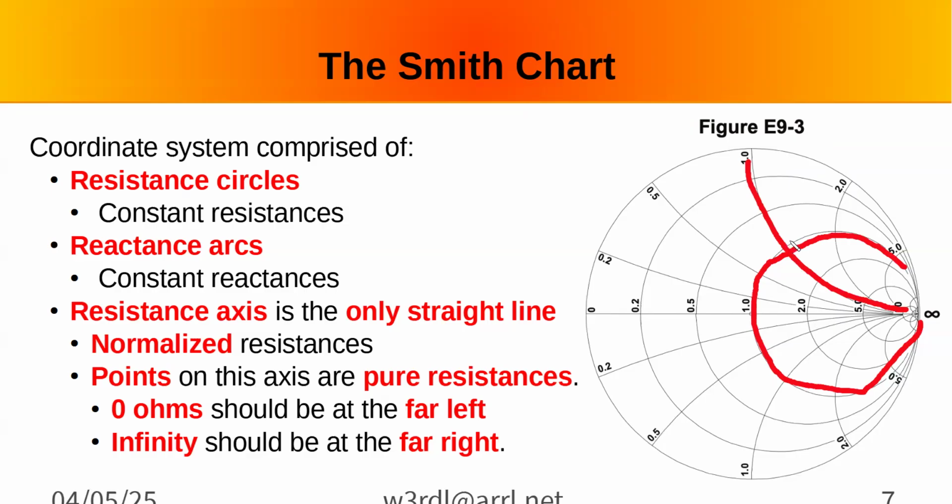So this intersection would be 1 plus J1 or 50 plus J50. If I was doing the same down here, it's going to be 1 minus J. So you still have inductance on the top half and capacitance on the bottom half.